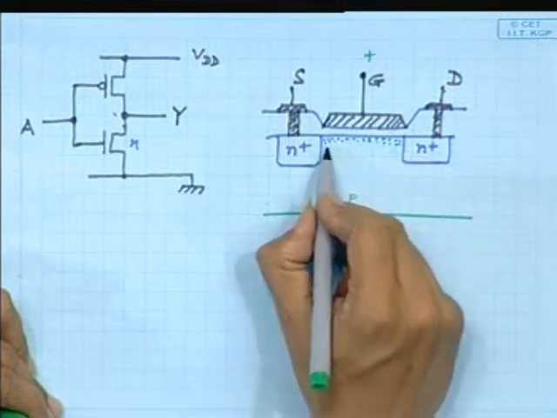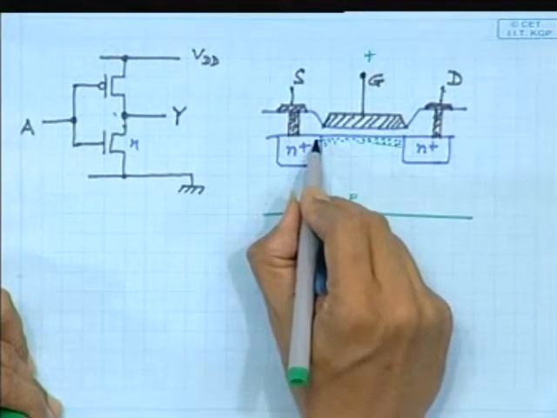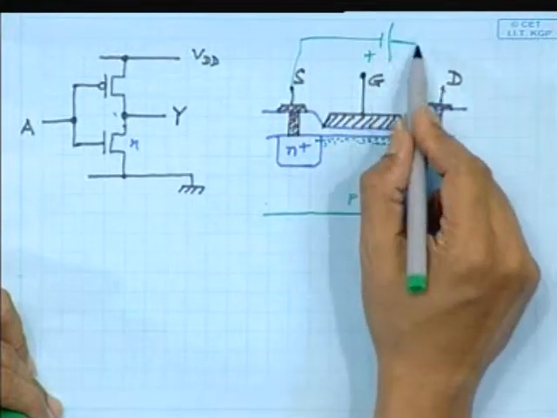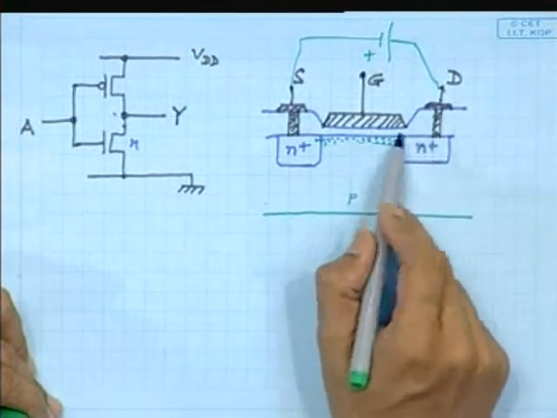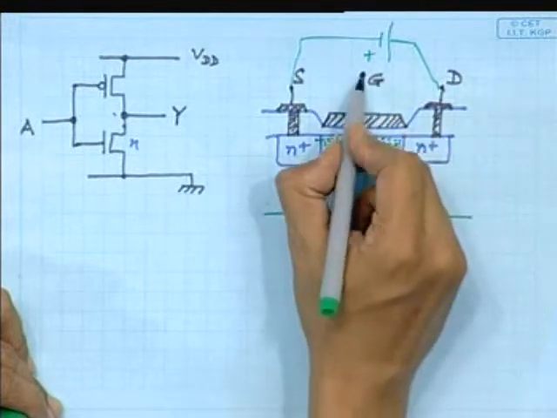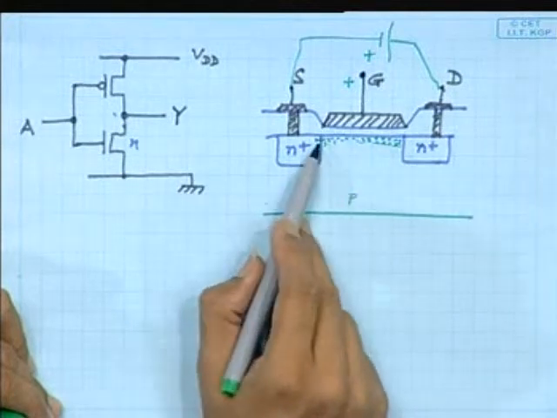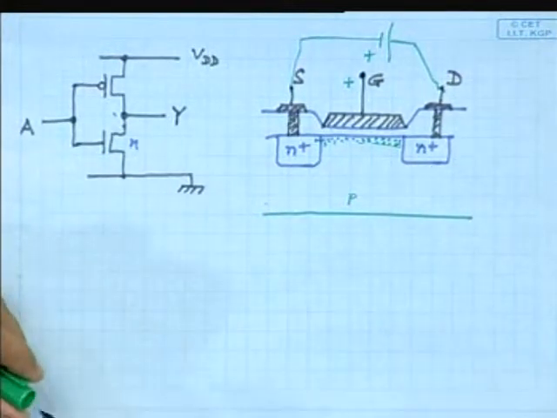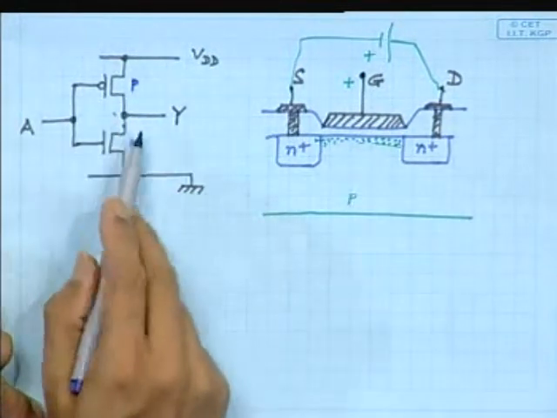I mean the so called channel is formed, and the electrons will start flowing from source to drain, provided that you have got some potential difference between them, and if this is positive then it will try to attract the electrons. So as a result some current will flow. So in other words, if we make gate positive with respect to source, we can turn on this switch, otherwise it will remain turned off. So the logic for p-type transistor will be just reverse.